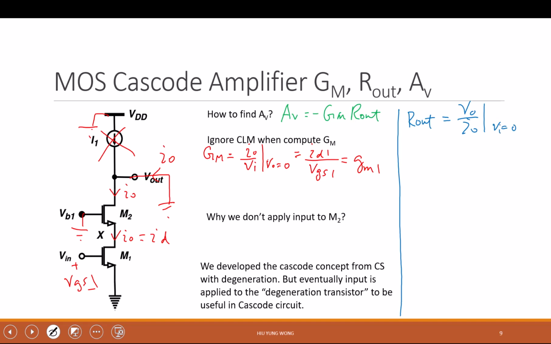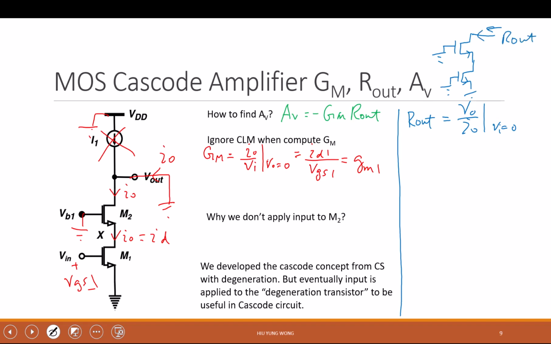Right? So I try not to draw here, but if I do that, again, I need to open the current source because it's small signal, right? So this is what I have. This is grounded. This is grounded. And then I look at the R out.